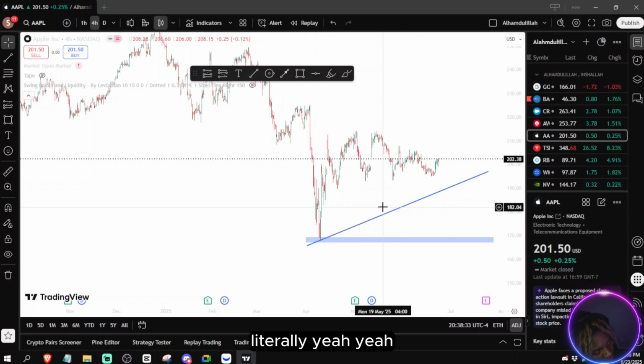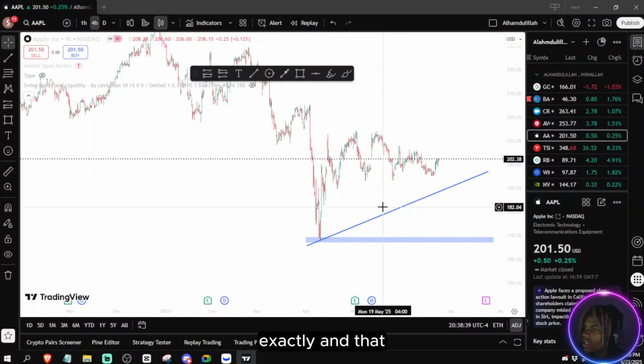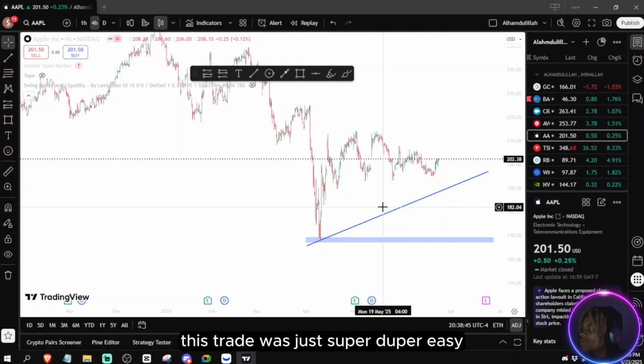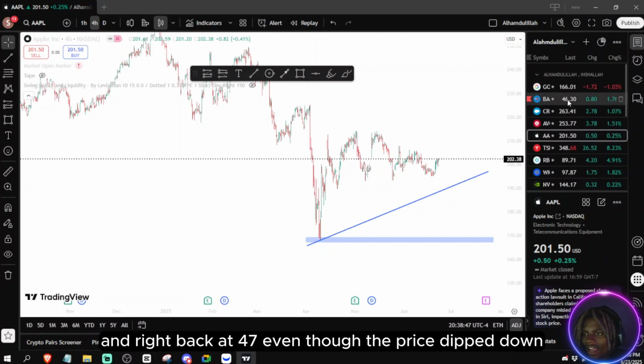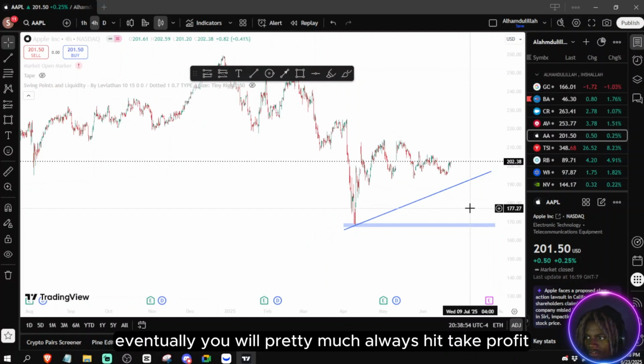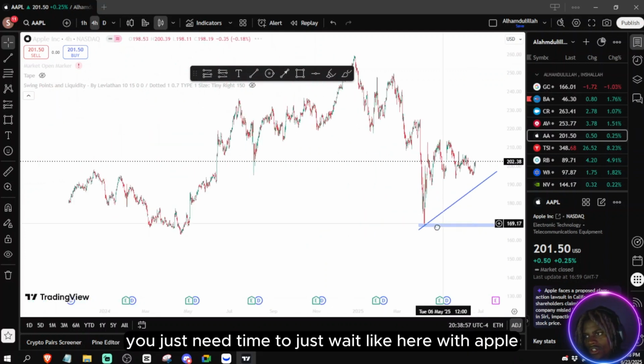In either way, you're sized for zero. And that literally takes everything out of the trade. Because BAC, for example, this trade was just super easy and right back at 47, even though the price dipped down. Eventually, especially when you have a good eye on the market, inshallah, you will pretty much always hit take profit. You just need time to wait.